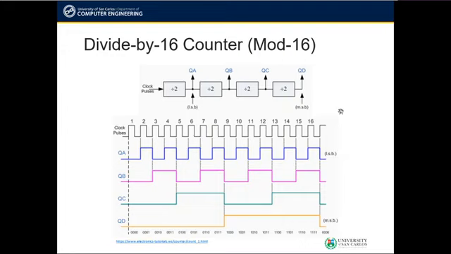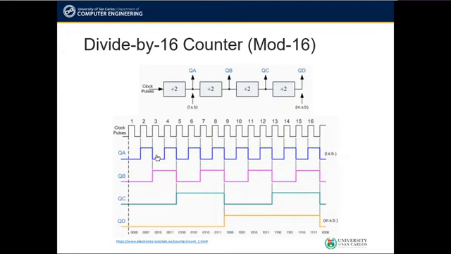What happens is that if we put this clock signal to the clock input of this flip-flop, the output taken from the flip-flop here is divided by 2 in terms of frequency, as shown by this waveform, the QA waveform.